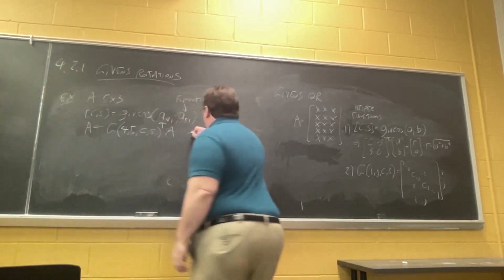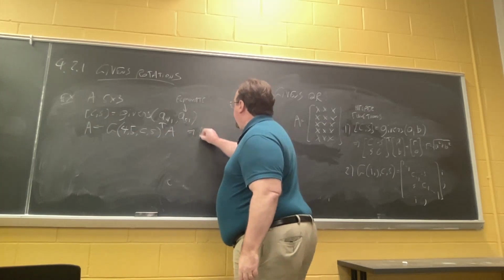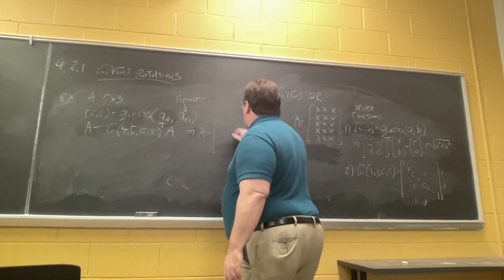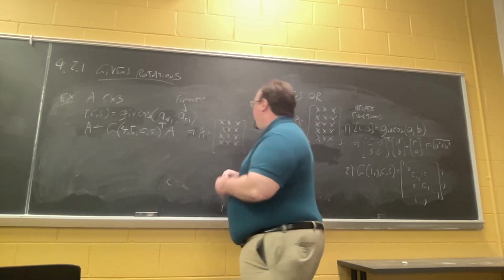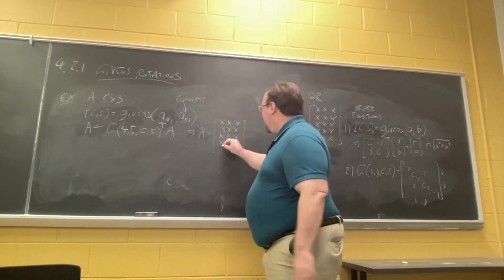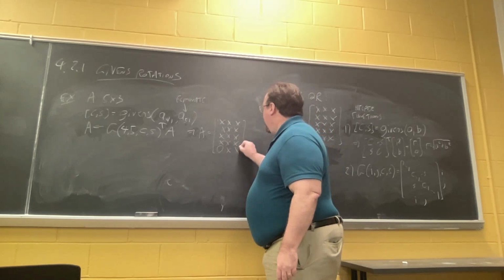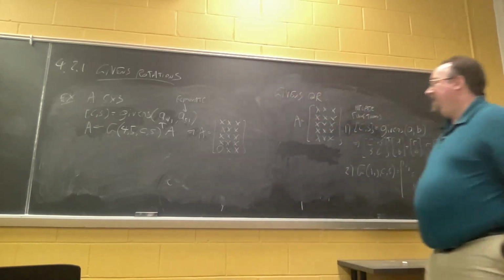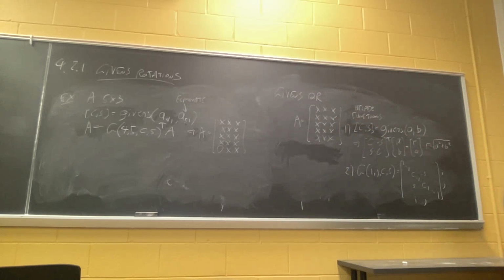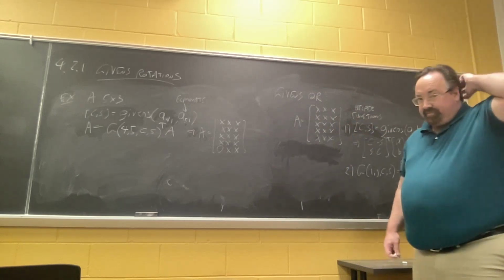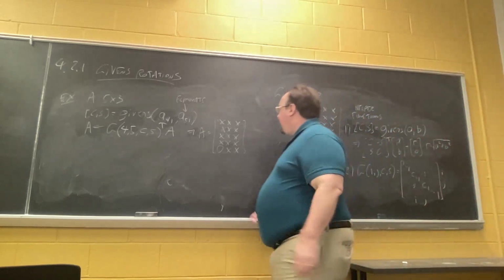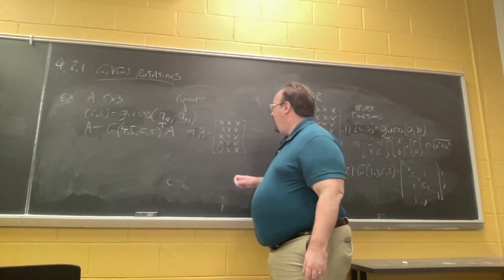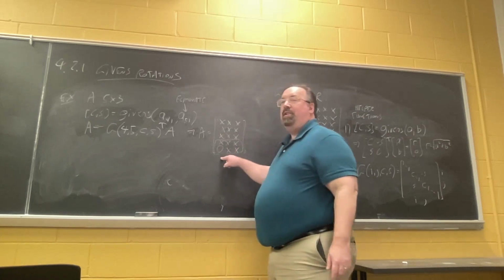So now A looks like this structure, X, X, X, X. Now that one entry in the lower left corner is 0. It only affects these 2 rows.